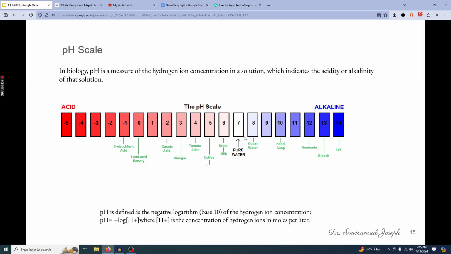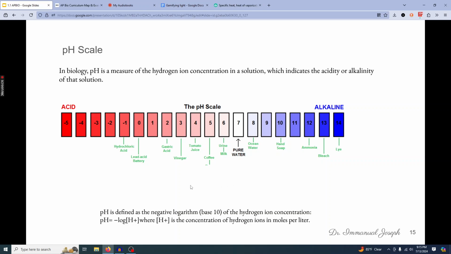And if you have things like ammonia and bleach and sodium hydroxide, they are all very alkaline solutions. And if you have hydrochloric acid and lead battery and there's acid in your stomach, which is extremely acidic, all of these are low on the pH scale.